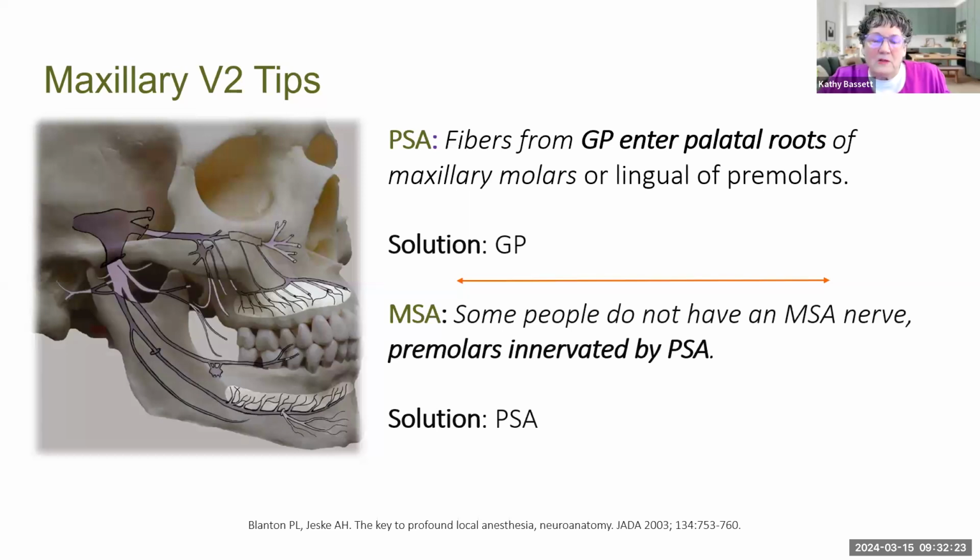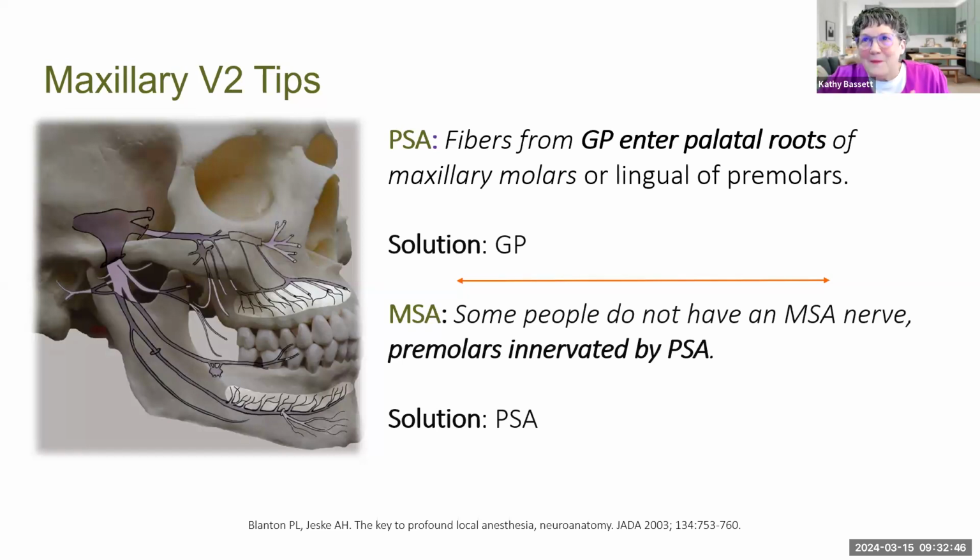For the middle superior alveolar, most of us learned in school that a lot of people don't even have that branch at all. So we go in and we give that injection in the region of the bicuspids. Our intention is to capture those premolars. But if that nerve isn't there, then it's kind of like, well, how are we really getting those teeth?